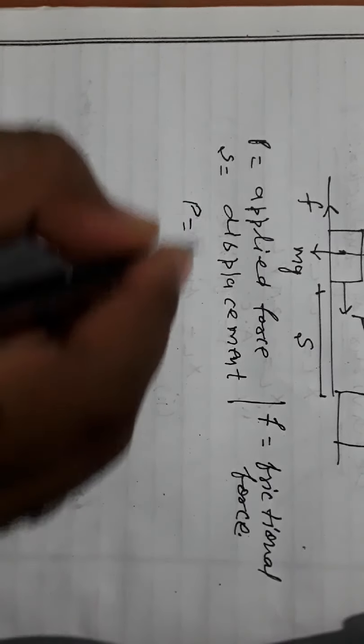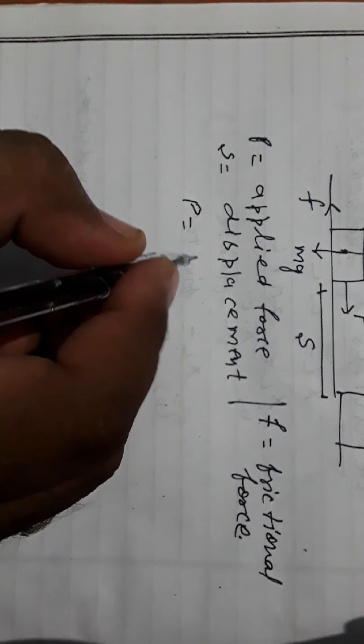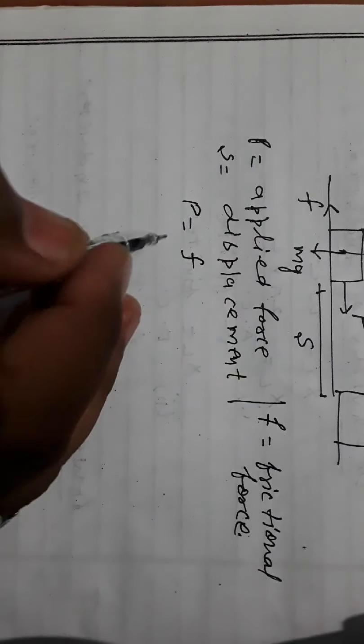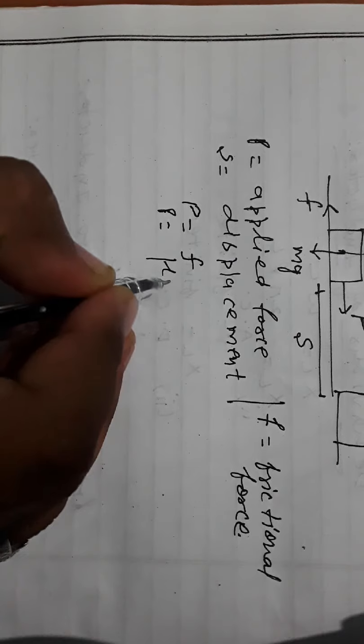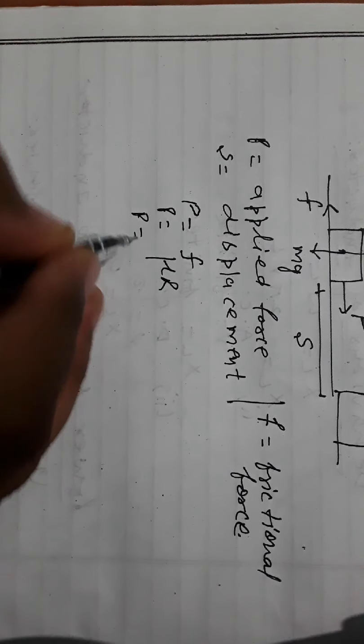For the motion, the applied force should be at least equal to the frictional force. We know F is equal to mu into R, and R is equal to mg.